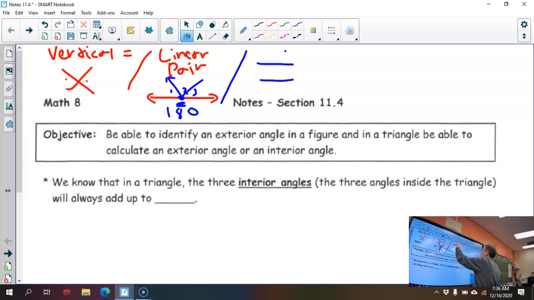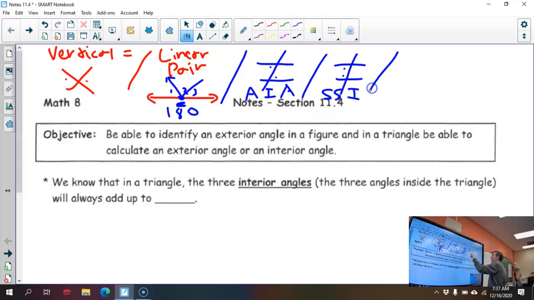All right, and then we learned a couple more. We learned that when two lines cross, these two are called alternate interior angles, or these two are called same side interior angles, or these two are called corresponding angles.